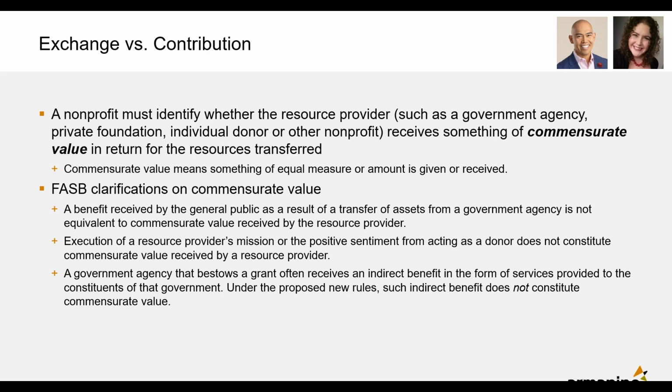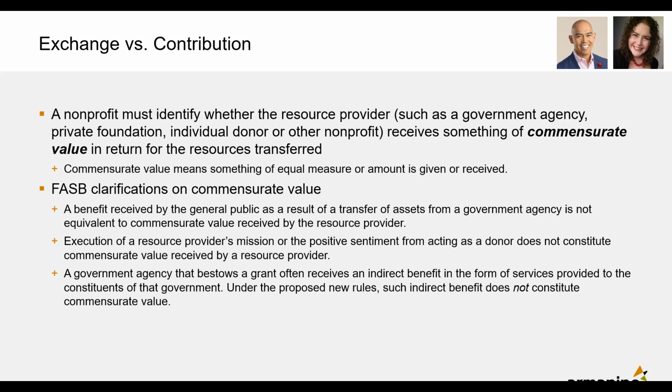Yeah, so what you're saying is the fallback for government grants is no longer just treating it as an exchange transaction, because we always used to think that the government wasn't in the business of handing out free money. There's got to be something in return, strings. But that's exactly what Brenda's talking about: we need to evaluate whether or not there is something that they're getting in return.